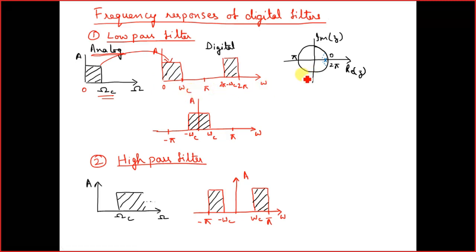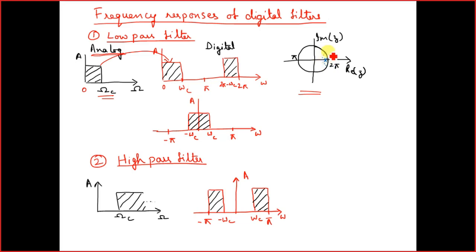However, if you look into the Z plane, suppose for designing a low pass filter, I place a pole on the real axis.